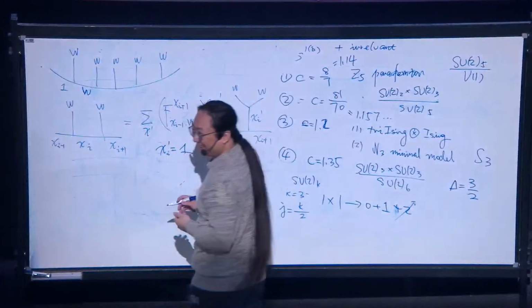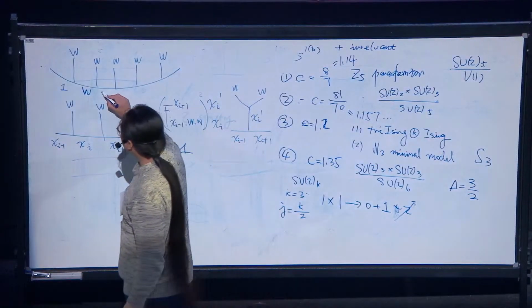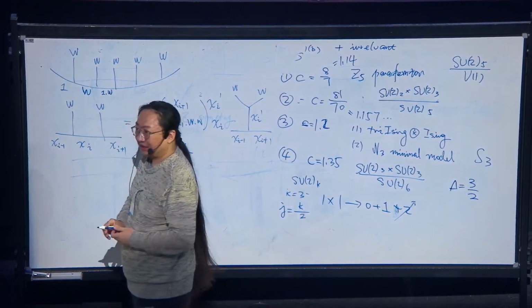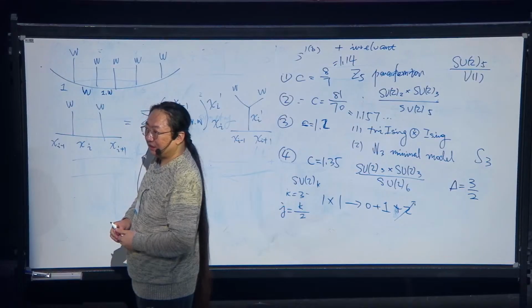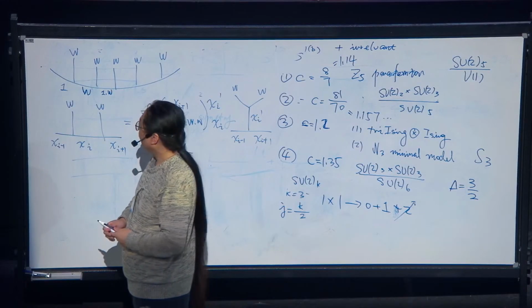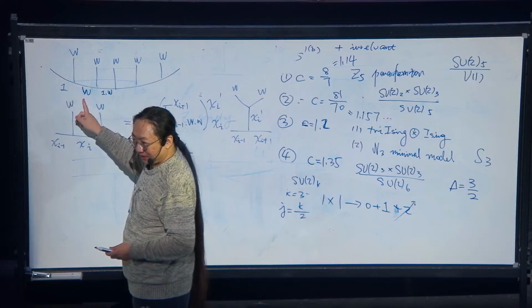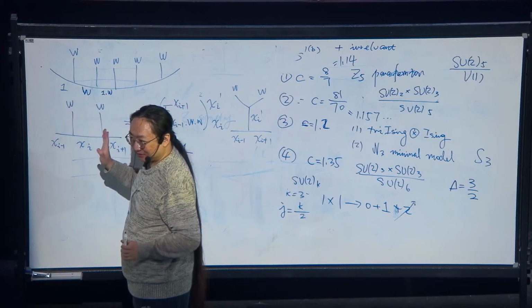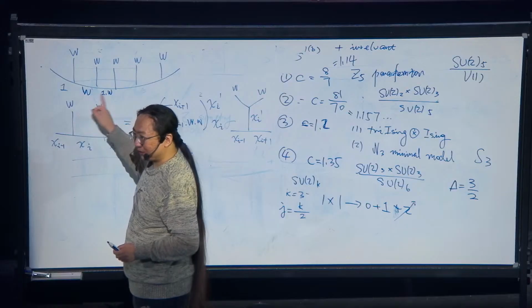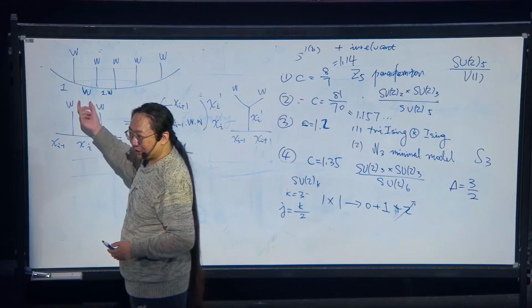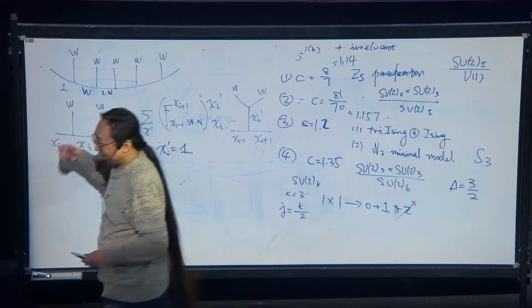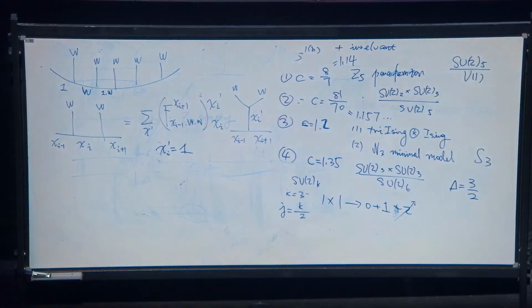Yeah, what about the next segment? Next segment, you can be either 1 or W. Yeah, that's what I'm confused about, because then you mentioned something about repulsion. Are you saying that if I find a 1, my nearby one has to be W? That's the only thing. If I find a W, the next one can be anything. So it's just that 1 and 1 cannot be neighboring. Got it. That's why I'm saying here 1 and 1 cannot be neighboring.